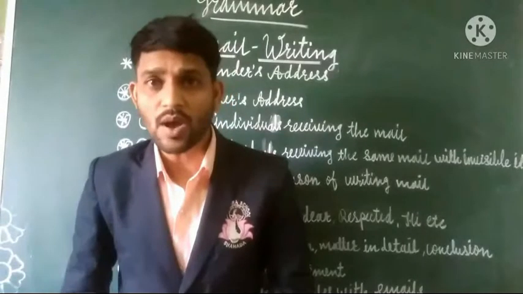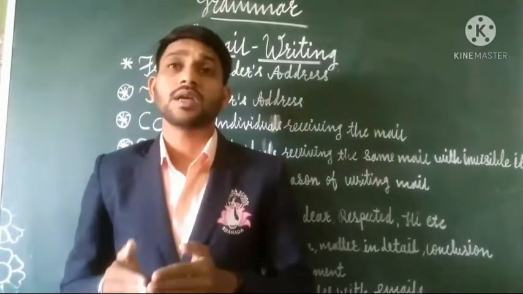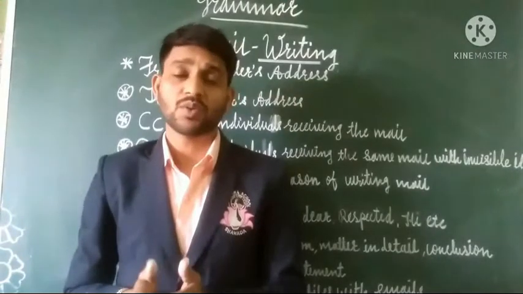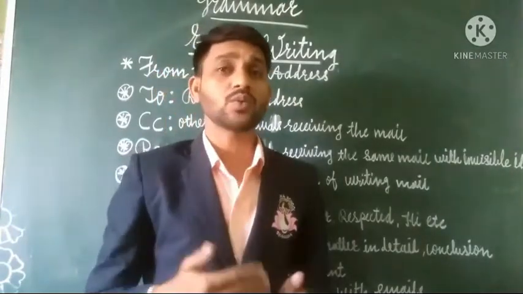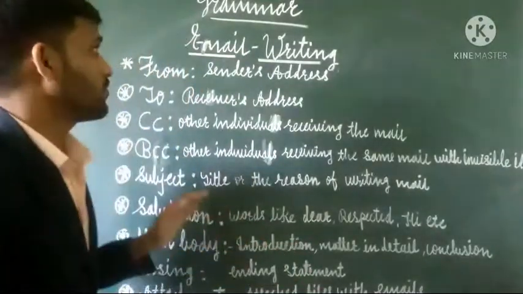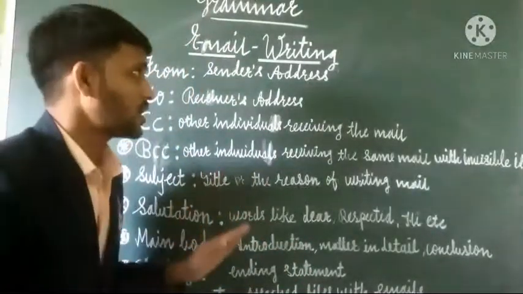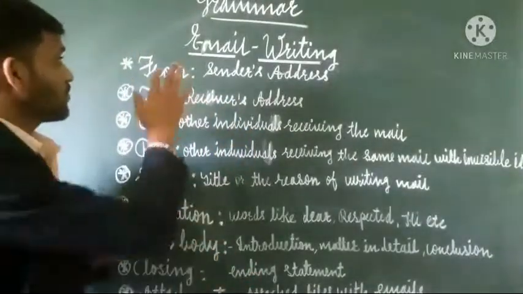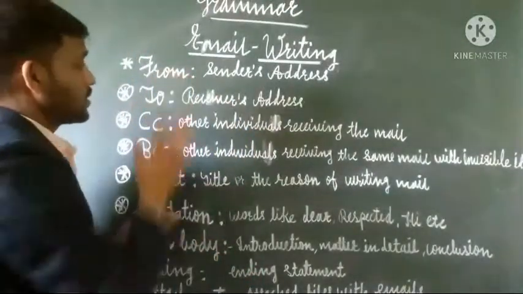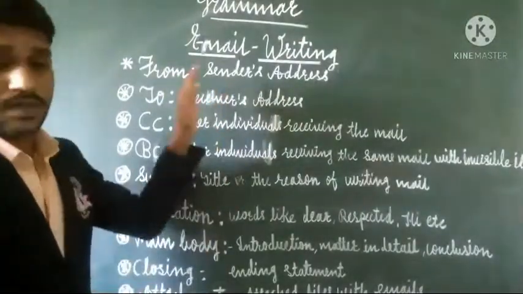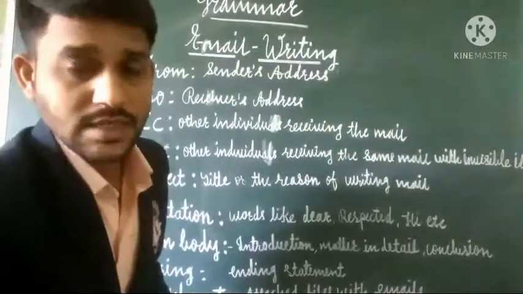So let us see how to write an email. Let us see the points of email writing. Here on the blackboard you can see the first point which comes while writing the email, that is From. What is meant by From? From means the sender's address.